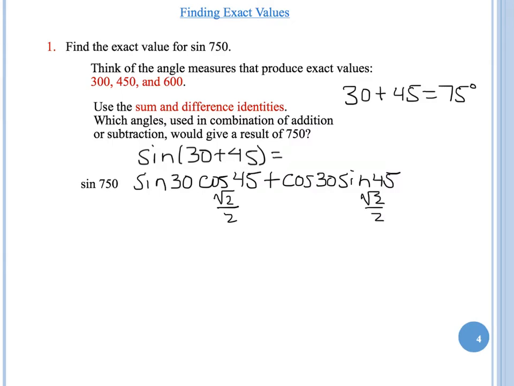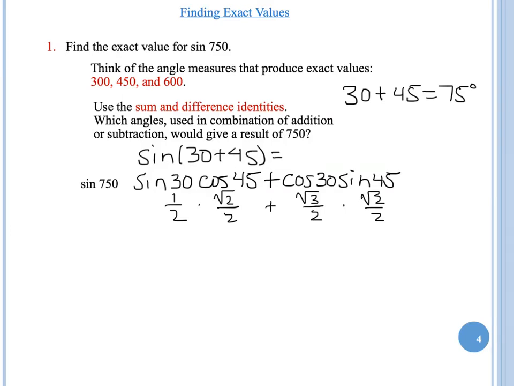And the only one I have memorized is the sine of 30 as 1/2. And the cosine of 30 must then be the square root of 3 over 2. And I am multiplying the sine cosine.